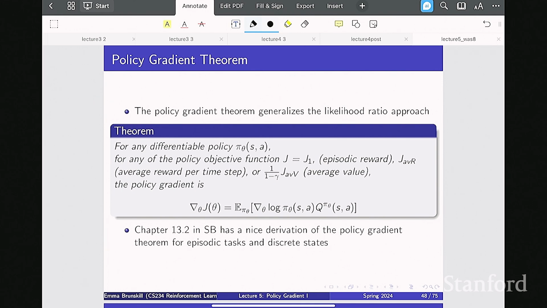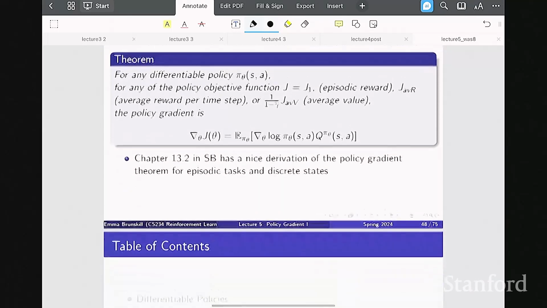There's a nice derivation in Sutton and Barto about that. At a high level, the useful thing to know is that we can extend it beyond just thinking of this sample of return, and we can think of there being Q functions.